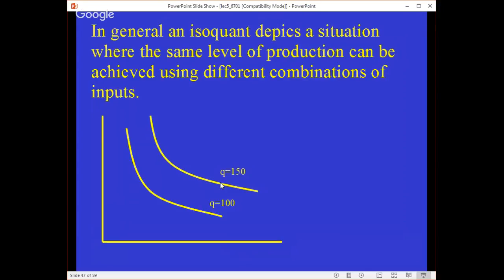So in general, the isoquant depicts a situation where the same level of production can be achieved using different combinations of inputs. So here, along this isoquant, the different combinations of input produce 100 units of output. Along this one, they produce 150 units of output.